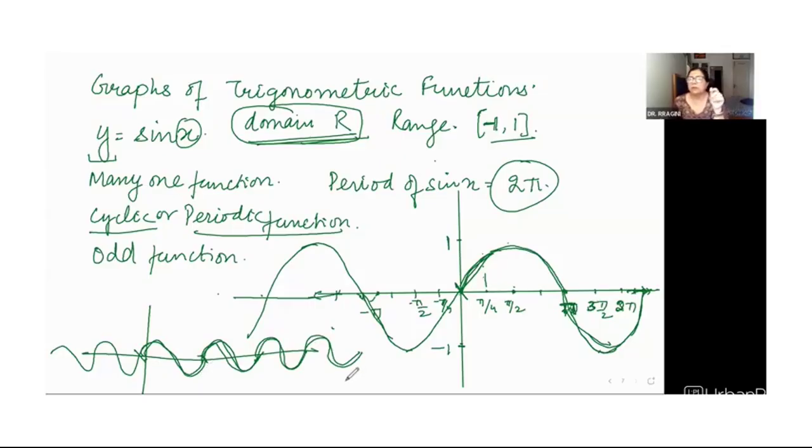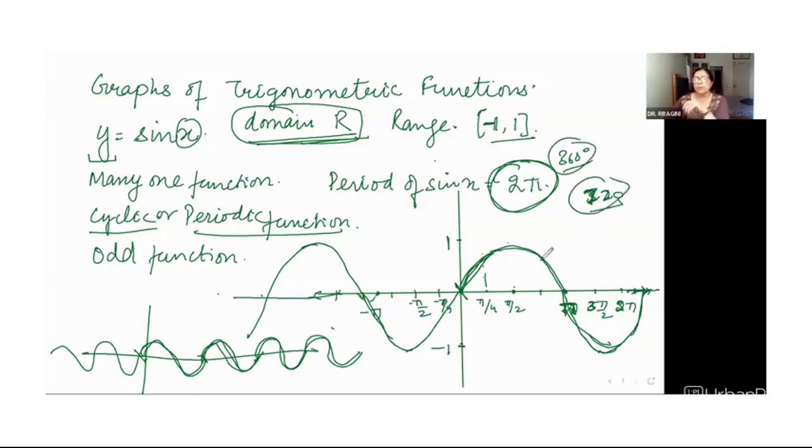Like if you have the angle of sine 720, what is 720? 720 is a multiple of 360. 2 pi is what? 360 degrees. So 720 will have exactly the same value, because after every 2 pi you get the exact same value with the same sign, not even positive, negative.